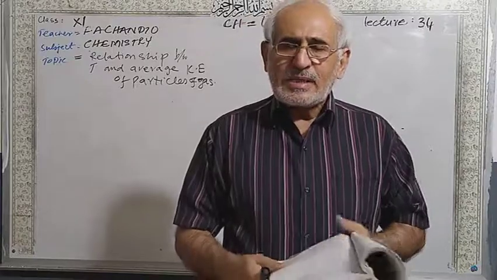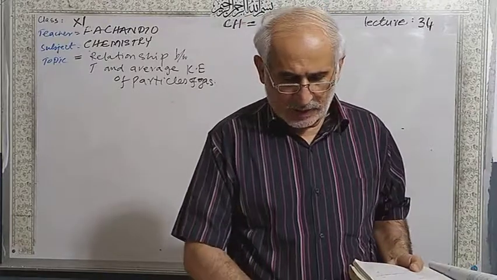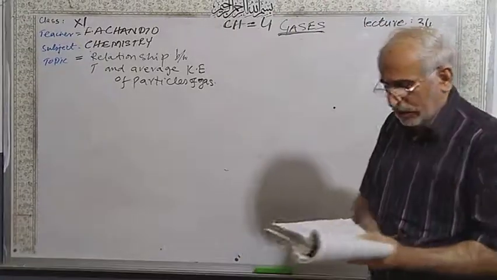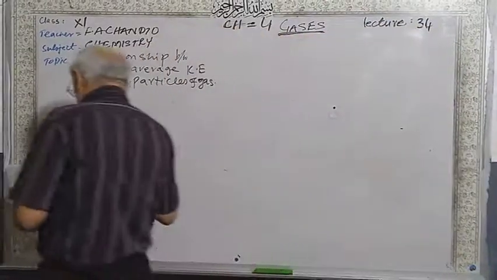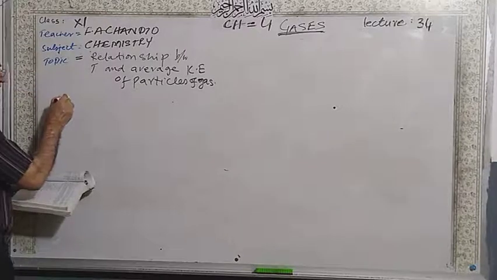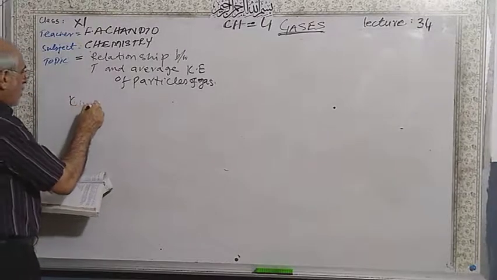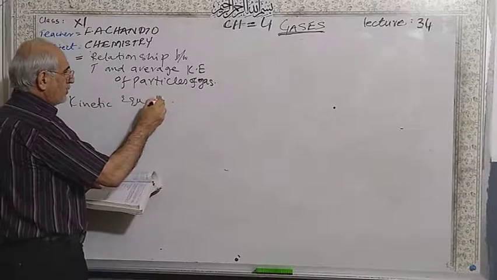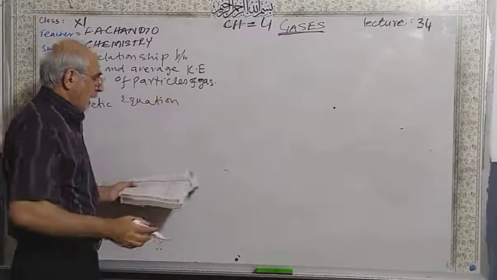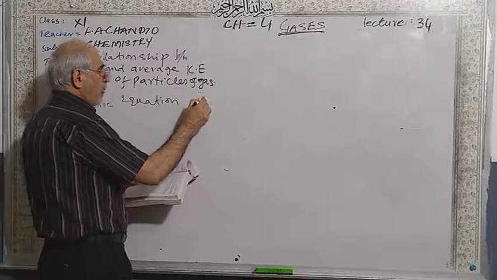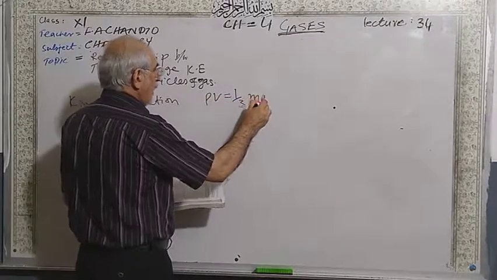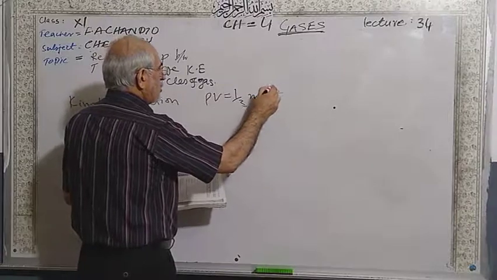In the last lecture I told you the kinetic equation and the kinetic energy equation. So there are two equations. This is the kinetic equation: PV equals 1/3 mn c square bar.